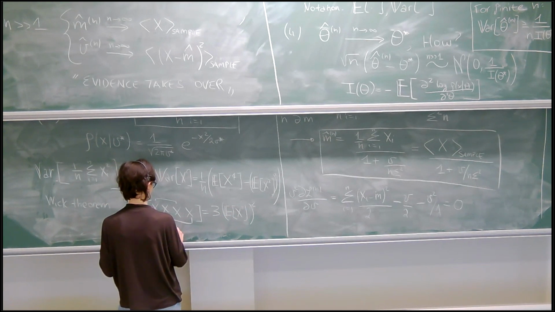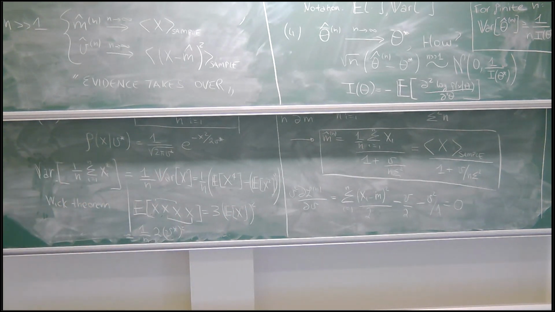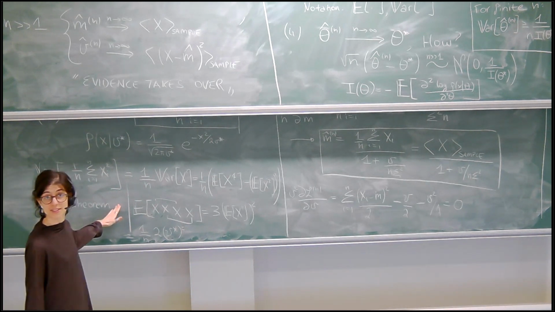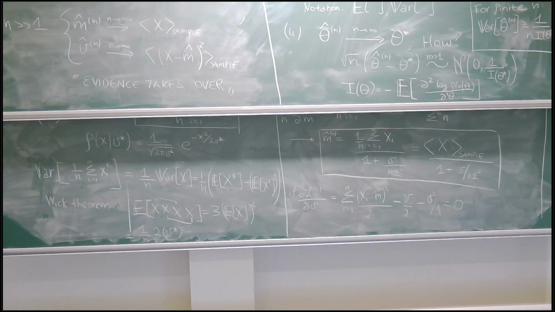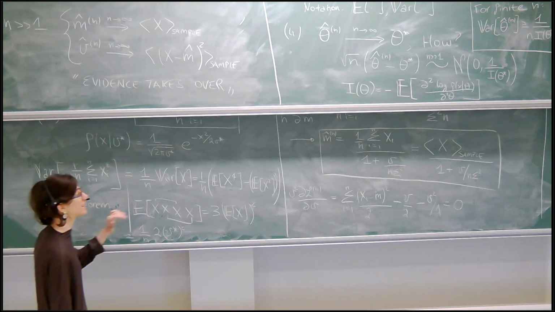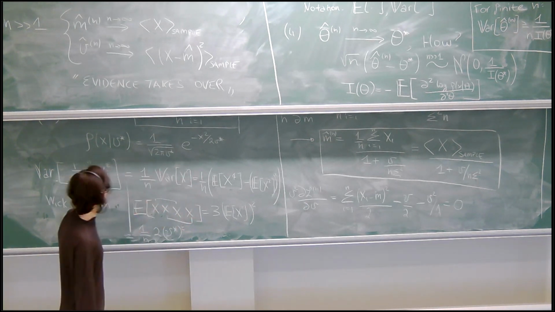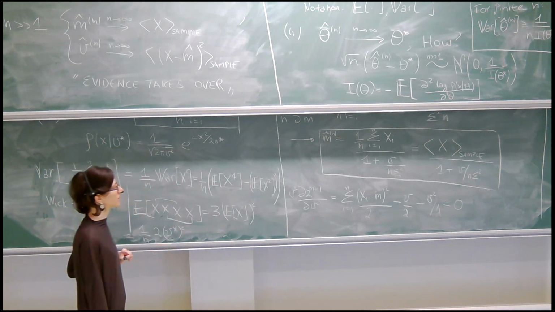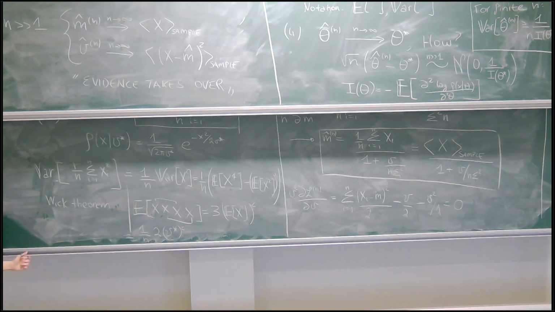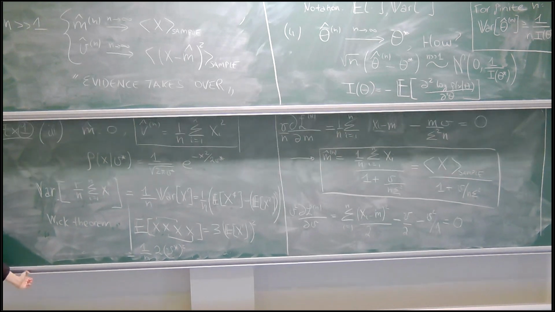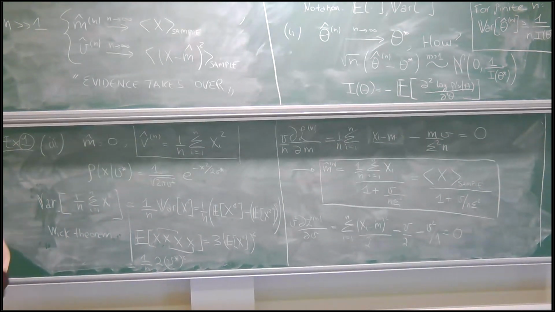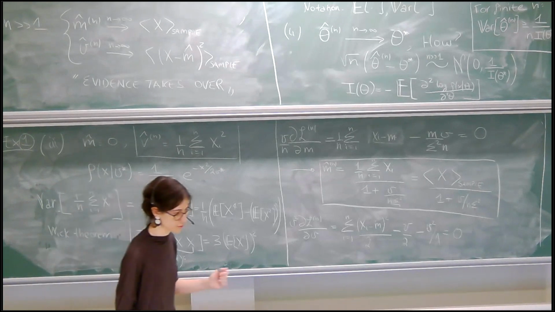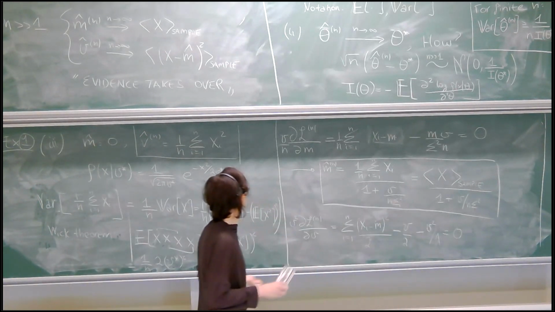So this will be 2 V star to the power 2 over n. Okay, I hope this is fine, but in any case, just stop me. This is basically what you have on the left-hand side of our Cramer-Rao bound. And now let's try to compute for this particular example the right-hand side. So what is the Fisher information, and let's see what we get.